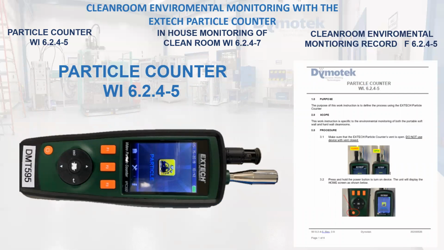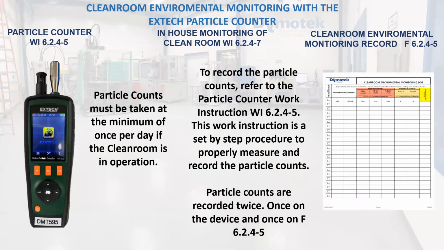The device that we use to measure the particle count is the Extech VPC 300 particle counter. Work instruction 6.2.4-5 is a step-by-step instruction on how to properly take a particle count with this device. Particle counts must be taken at the minimum of once per day if the clean room is in operation.